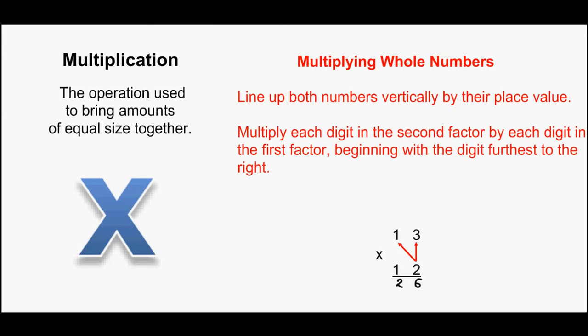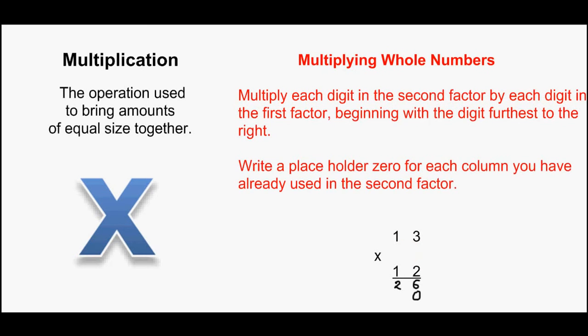2 times 3 is 6. 2 times 1 is 2. Now that we are done multiplying by the digit in the first column, we will go to the second line and write a placeholder 0 in the first column.